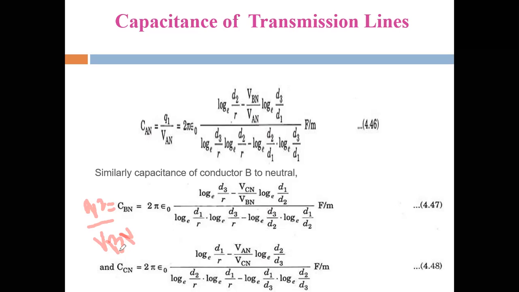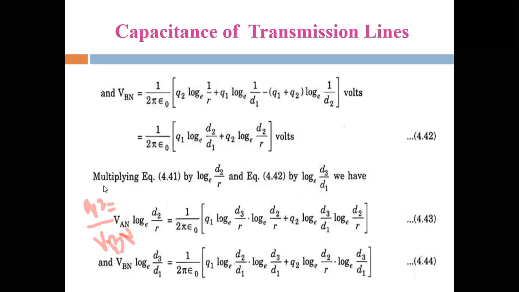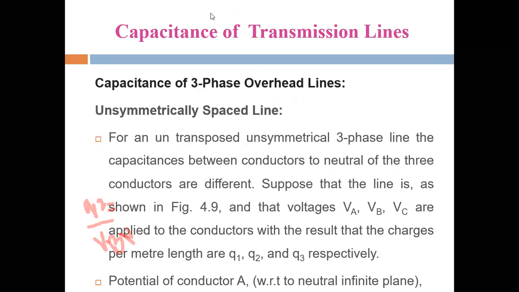That is the capacitance of a three-phase overhead transmission line for unsymmetrical spacing.